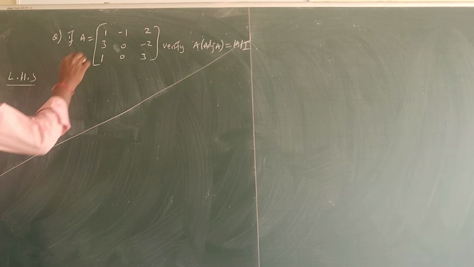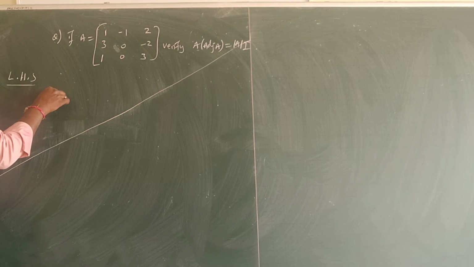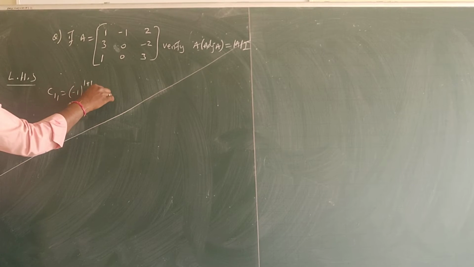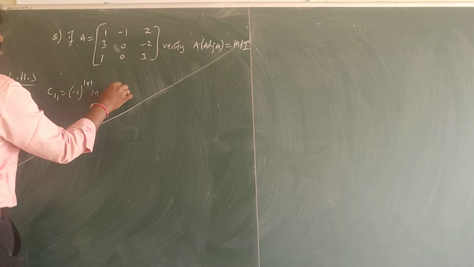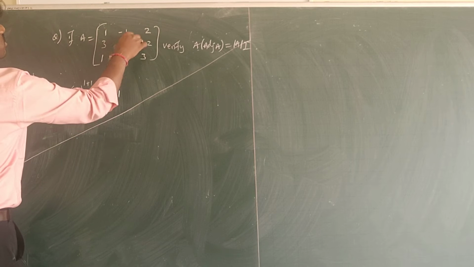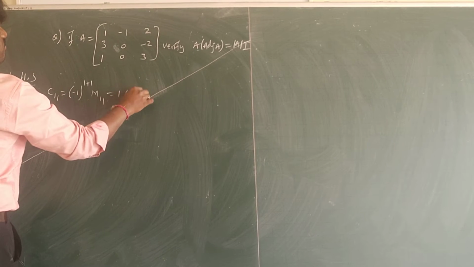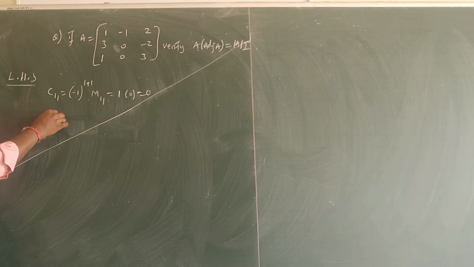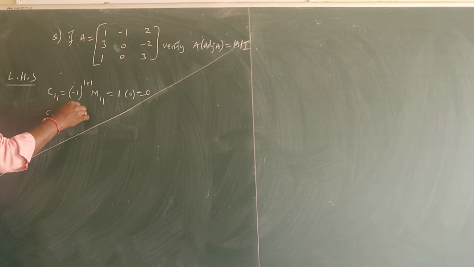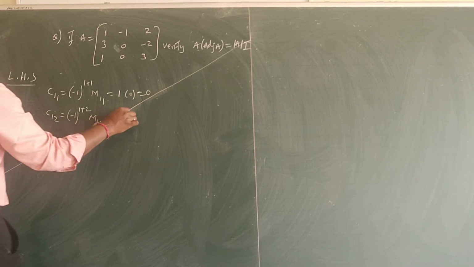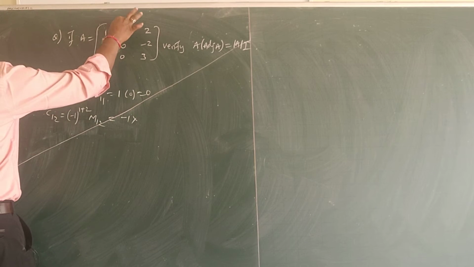To find adjoint A, you require the cofactor matrix. So C11. What is C11? Minus 1 power 1 plus 1 M11. So you get 1 into M11, where this row and column are closed. 0 into 3, 0. You get 0 as the answer. First one is 0. So C12 is minus 1 power 1 plus 2 M12. So this is minus 1 into M12.